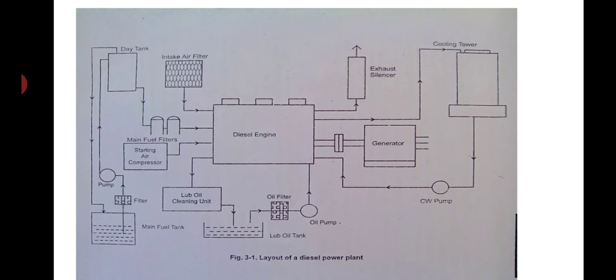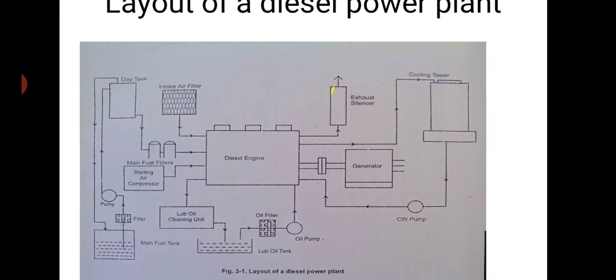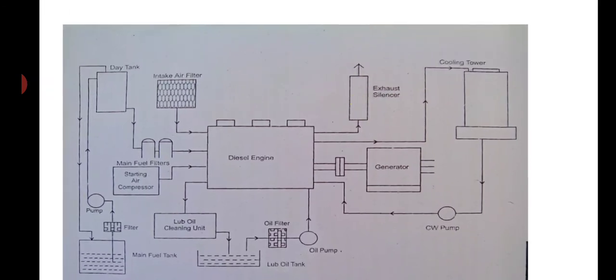So the cooling tower transfers heat from the water to the ambient air, the water gets cooled, and it is recirculated back to the diesel engine. So this is the layout of a diesel power plant. Very simplified layout it is.